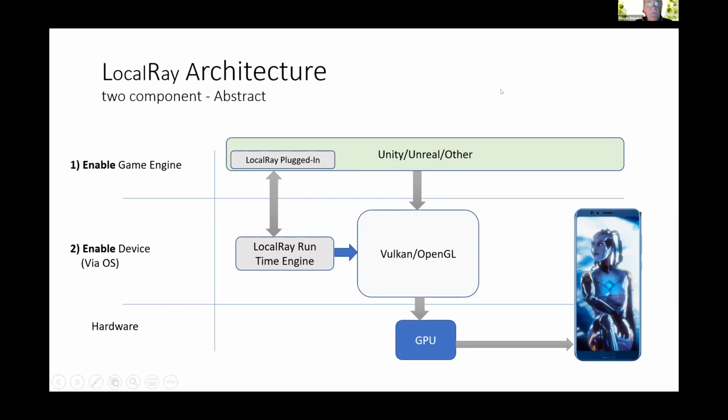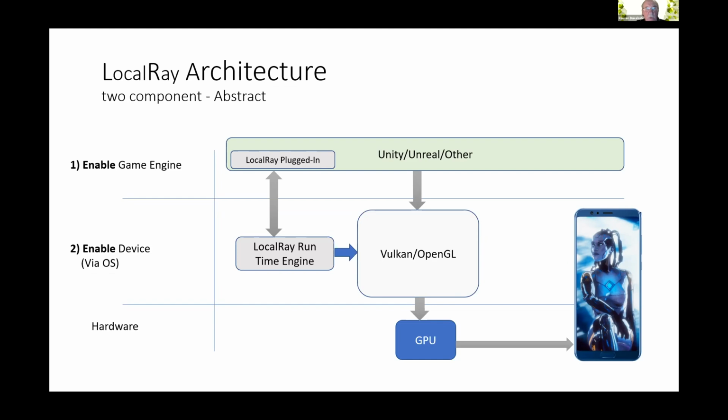Now the architecture of LocalRay, there are two components. The first component is for the developer. This enables game engine, LocalRay plugged in. Today we have it plugged into Unity. We are going to have it in other game engines as well.